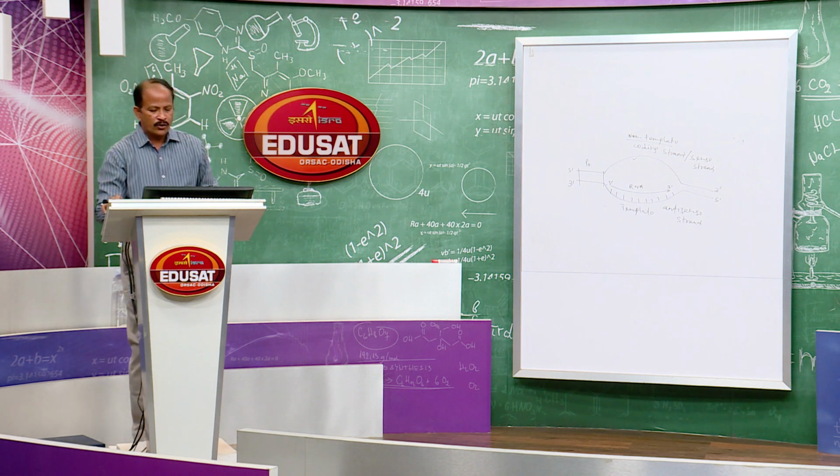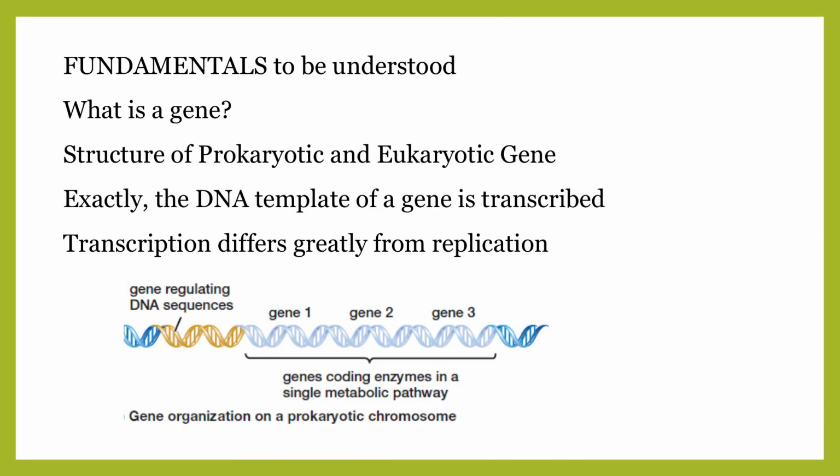Now, look at the screen. Here I have given just an operon in which 3 genes, gene 1, 2, 3, are contiguous, and they are under the control of a single promoter. This is the organization in case of prokaryotes.